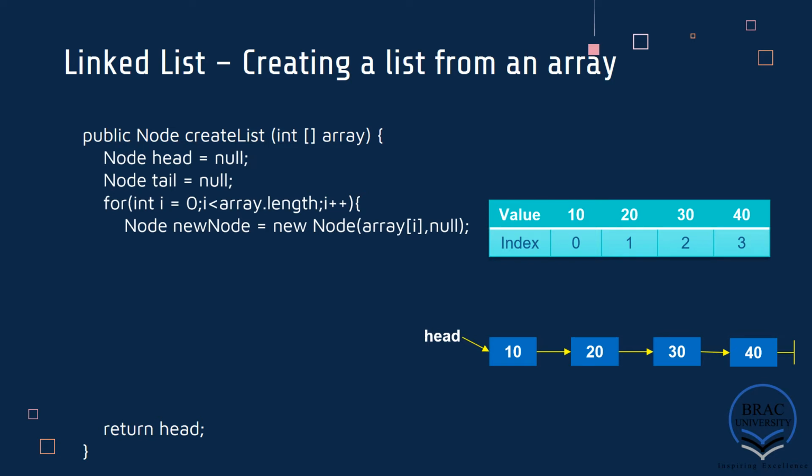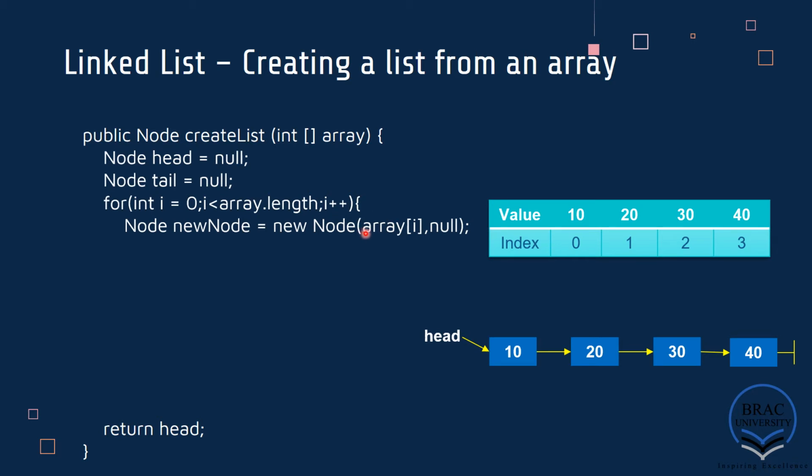The next step is iterating through the array, and I'm going to create a new node inside the loop using my node constructor. I'm using the simple class that I built previously, which has an object value and the reference of the node. So here I created my new node using that constructor.